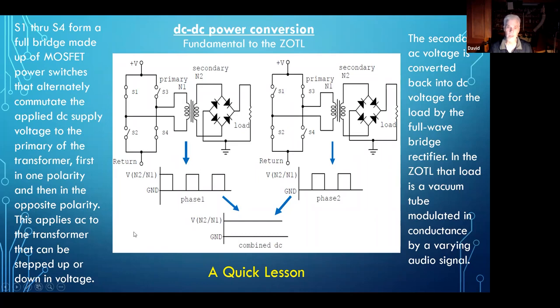At the output of the transformer, you just get a square wave, and I call this phase 1. In phase 2, now switch 3 is closed and switch 2 is closed. So now V plus is applied to the transformer with the V plus on this side and the return on this side.